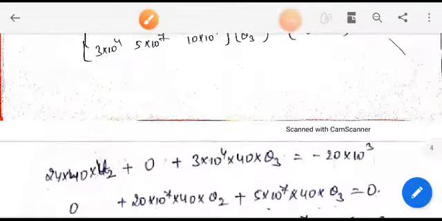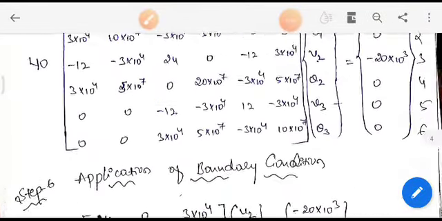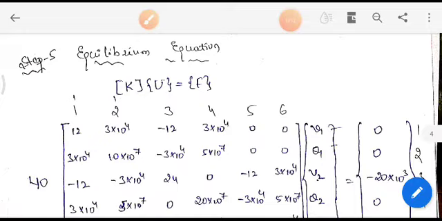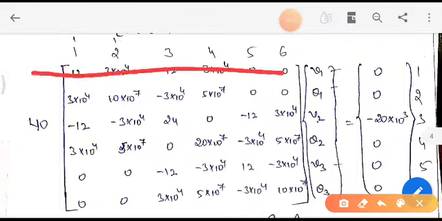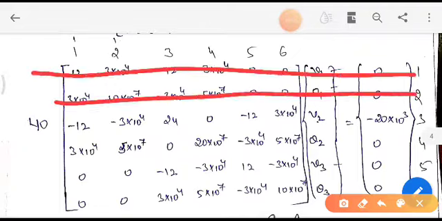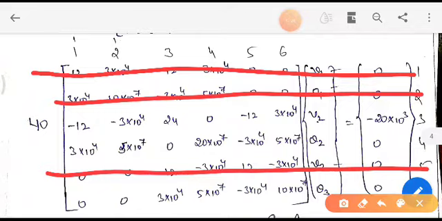The same thing which we have seen here. For the first node we don't have vertical displacement as well as angular displacement. For the last node we don't have any vertical displacement, so we need to eliminate elements 1, 2, 5. Similarly here 1, 2, 5.